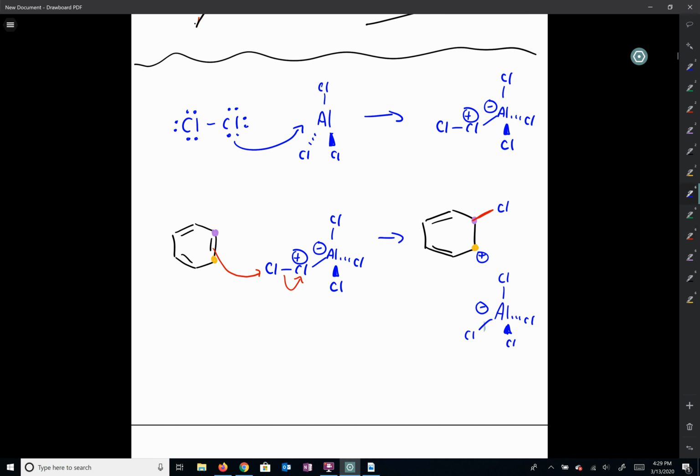What's the problem that we have? Well, the problem is we've got a carbocation, and we broke aromaticity. Oof. That's two bad things there. So we need to reform the aromaticity and get rid of our carbocation.